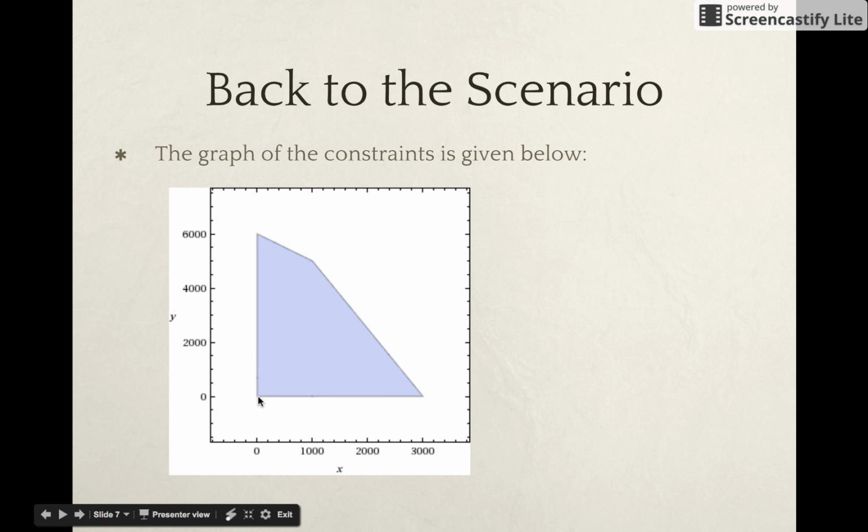If we travel down the x-axis, this is the ordered pair (3000, 0). And this vertex here is the ordered pair 0 on the x-axis and 6000 on the y-axis. So we actually know 3 of the 4 vertices just by examining the graph. That's pretty fortunate.